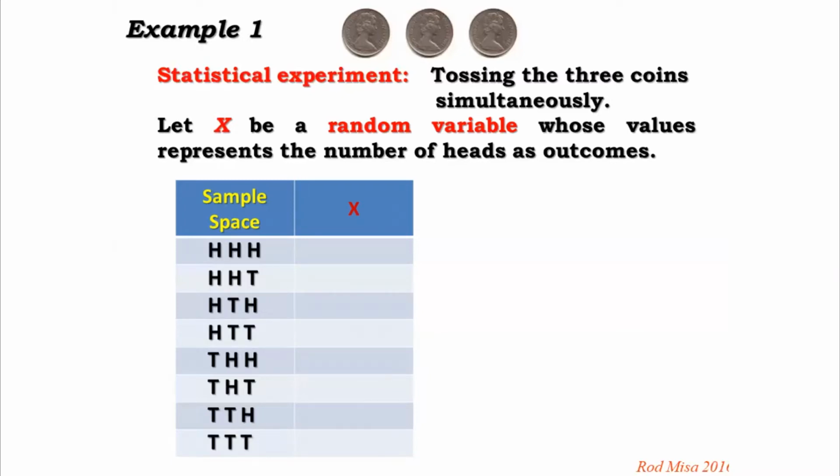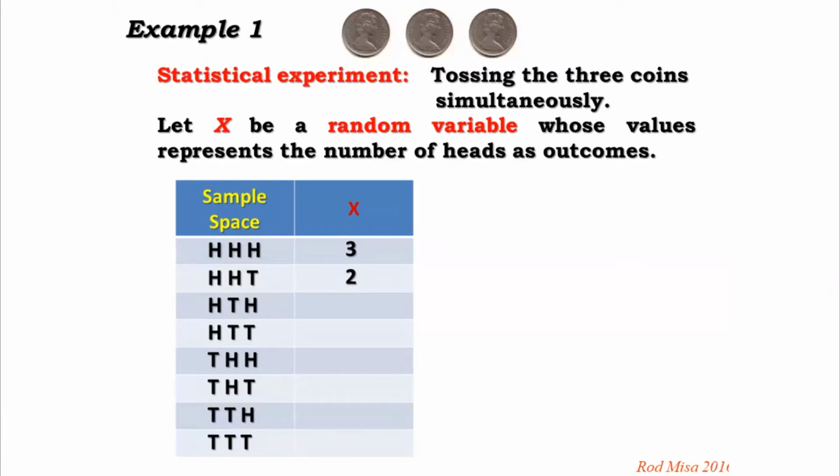So since our random variable X represents the number of heads as outcomes, we can find our random variable X for the first result here, which is having all heads for all the coins. So our random variable there has a value of 3. But in the second outcome, we have the random variable equal to 2 because we have 2 heads there.